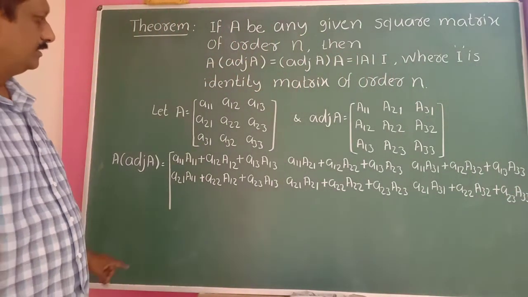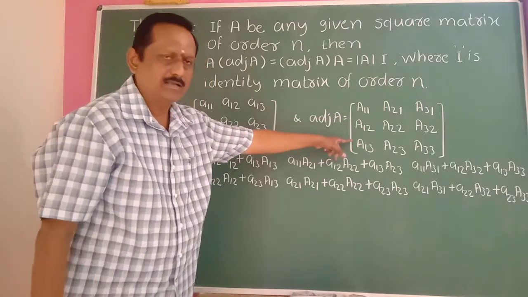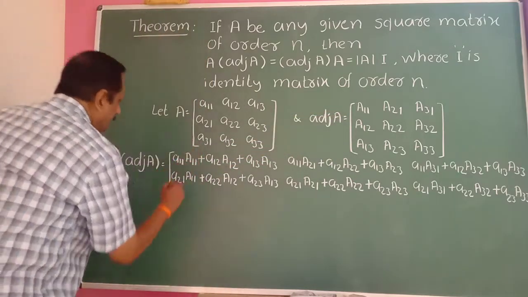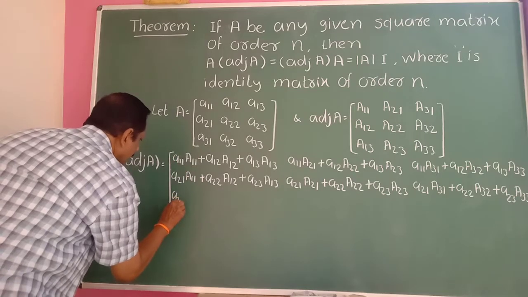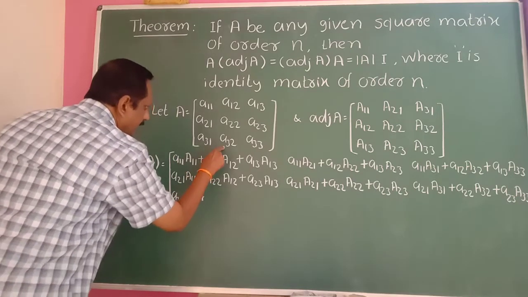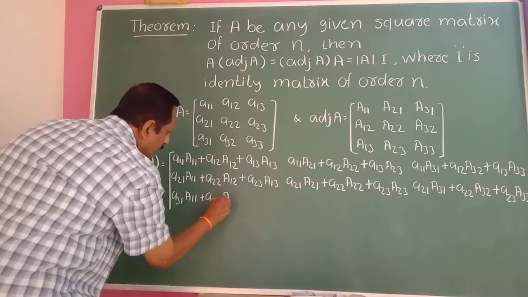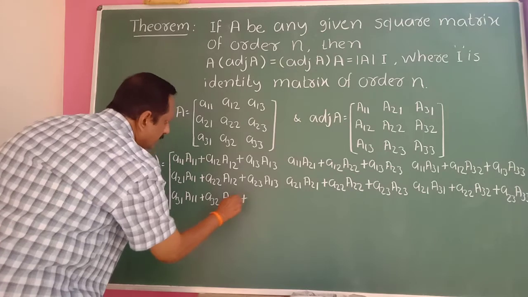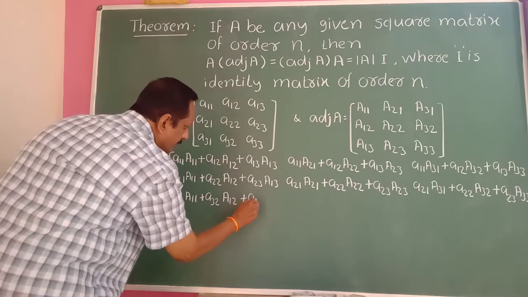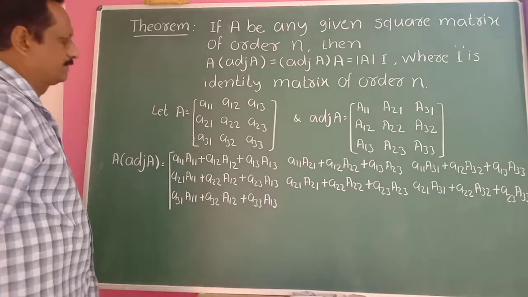Then multiply this third row with the first column: A31 into A11 plus A32 into A12 plus A33 into A13.